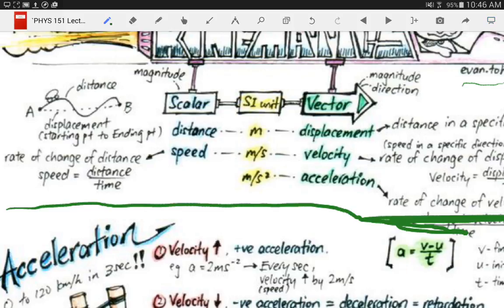If it's a scalar, is it going to have units? Yes, because naked numbers are fairly useless most of the time. There are a few cases where you don't have units. But pretty much, the scalar is going to have units. But it does not have direction. Whereas the vector here has magnitude, how big the value is, and the direction.